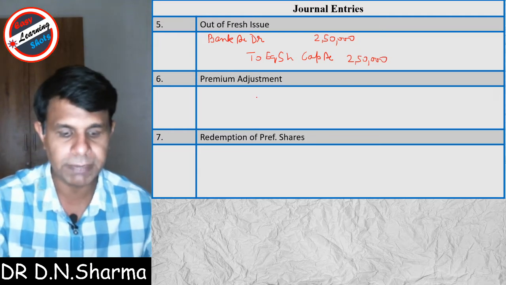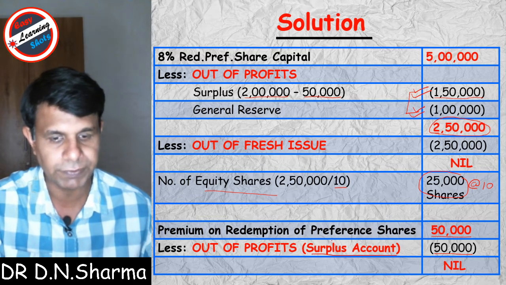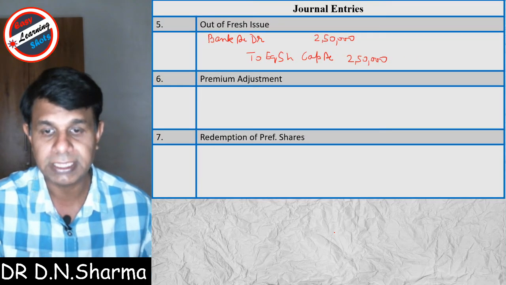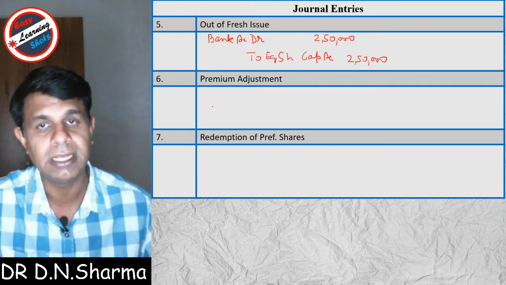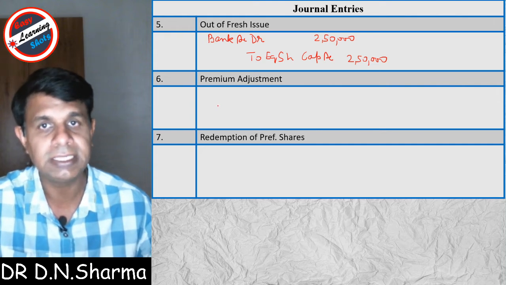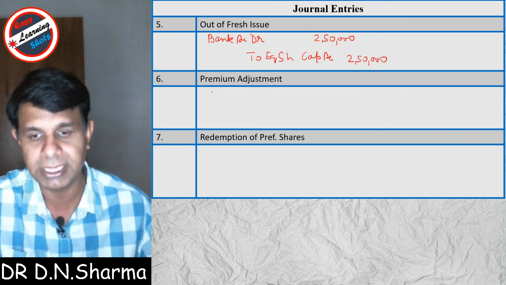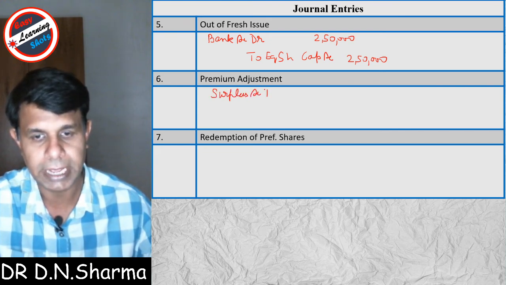Now we do the premium adjustment. Here we adjust the premium amount with surplus account, that is 50,000. Now when the surplus account is adjusted, then surplus has credit balance. When the amount is transferred, this account is debited, and this amount is used for premium on redemption of preference shares. So our entry is surplus account debit.